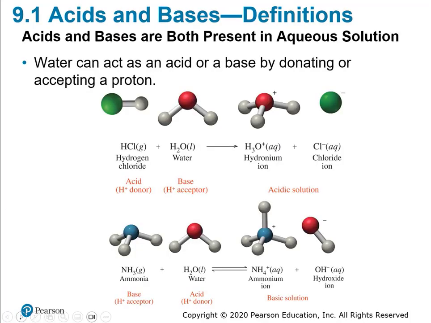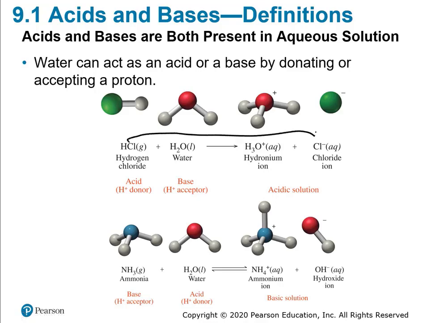So let's look at that a little closer so you can see it a little better in these examples. In this top one, hydrochloric acid plus water. They just called it hydrogen chloride so you wouldn't know it was an acid. So hydrochloric acid and water. Do you see that the HCl, and this is like what you had to look at when looking at oxidation and reduction, so you're sort of doing a comparison.